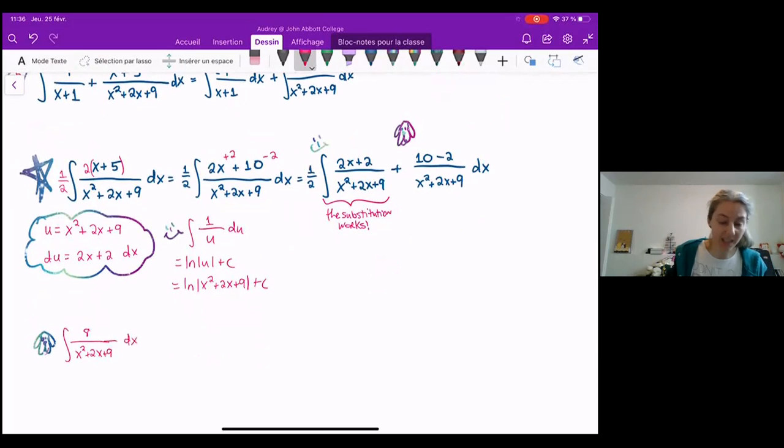The substitution doesn't work. We just have a constant left over on top, but we can't force a substitution. This is a rational function, and it contains x squared plus 2x plus 9.